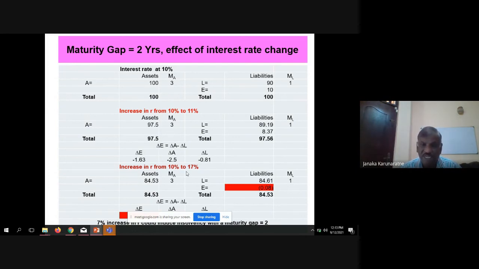These increases or decreases can happen, either way, go up or come down. So let's assume interest rate goes up by 7%, from 10 to 17. You can do a homework, calculate these numbers. Your asset value comes down to 84.53, your liability value comes down to 84.61.